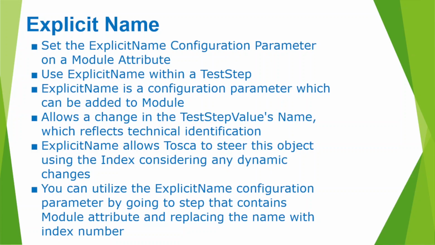Okay, so these are the definitions, basically understanding explicit name. Now let's jump onto the system and see how we can use dynamic ID and explicit name while automating the real-time scenario.